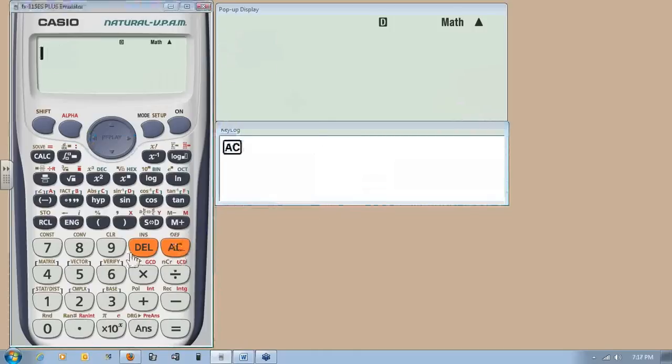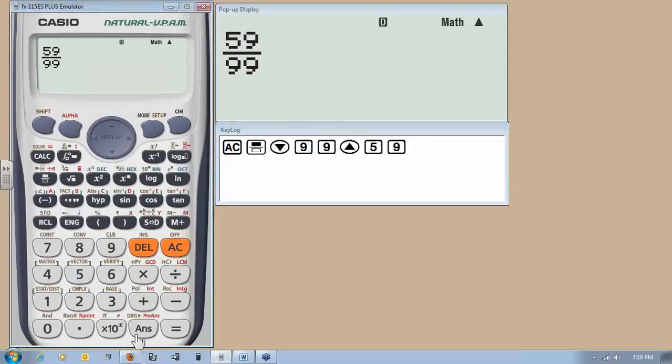So now you develop the idea of repeating decimals. How can you make a repeating decimal of any sort? I want to make a repeating decimal with 59. SD, 59 repeating.